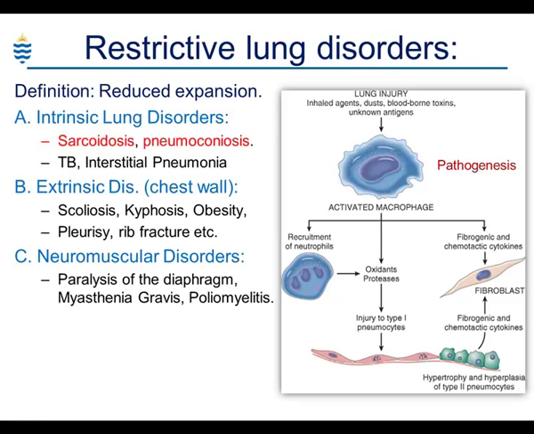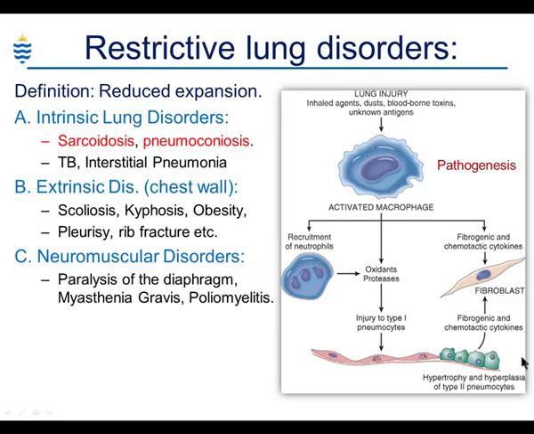Have you heard of this, Pickwick syndrome? Better read. Pleurisy, rib fracture, anywhere where the thoracic cage becomes stiff. Neuromuscular disorders, rare: paralysis of the diaphragm, myasthenia gravis or polio. But the most common for us is now sarcoidosis and pneumoconiosis, where there is pathology.